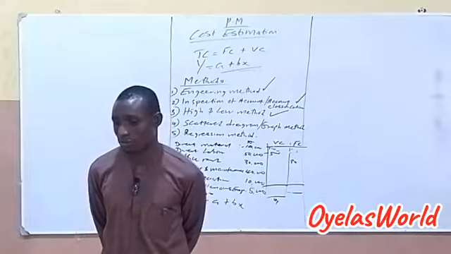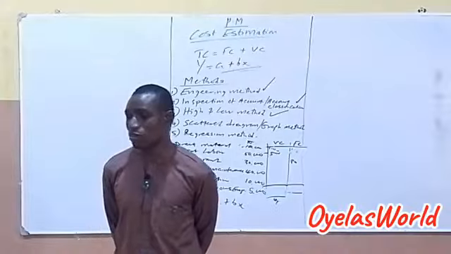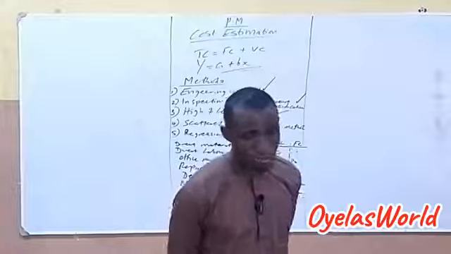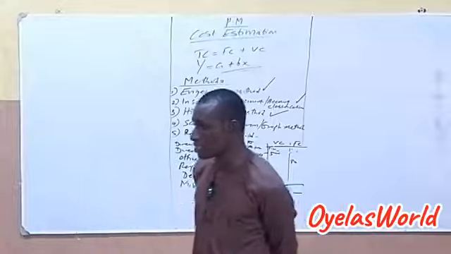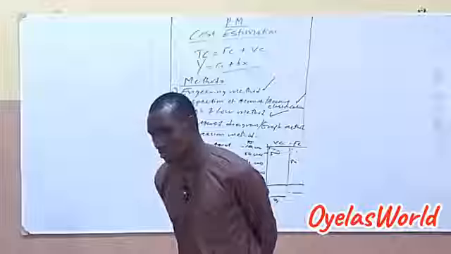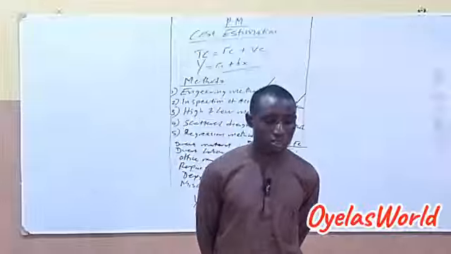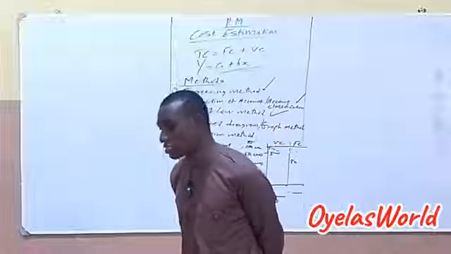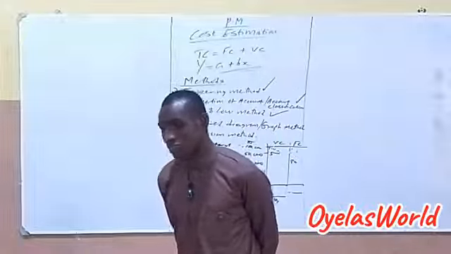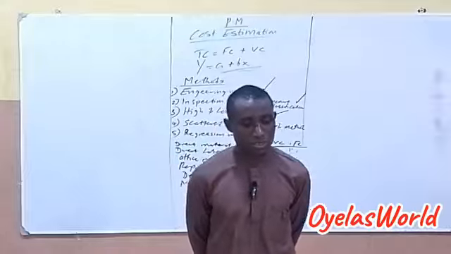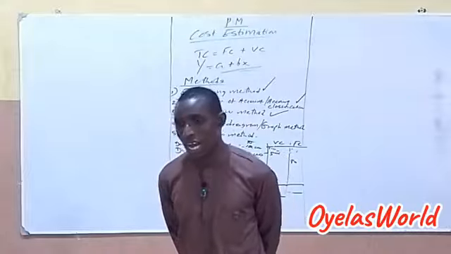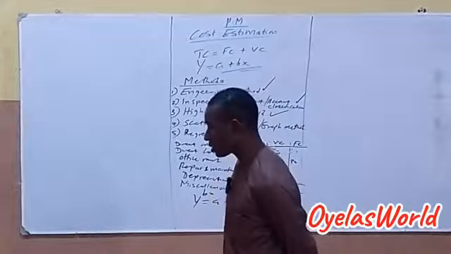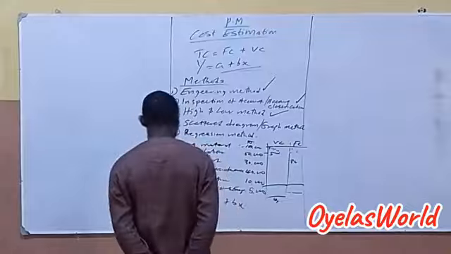High and low method is a scientific method of separating mixed costs into fixed and variable elements.